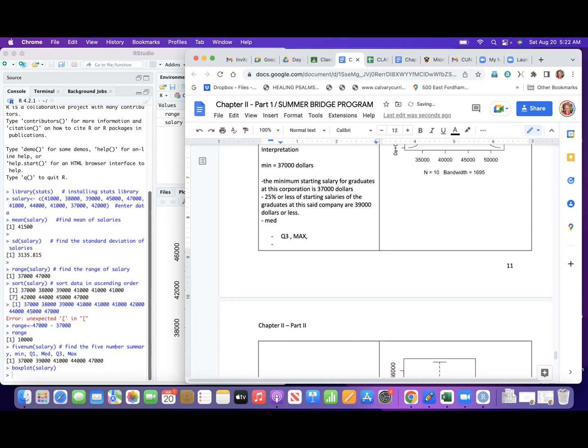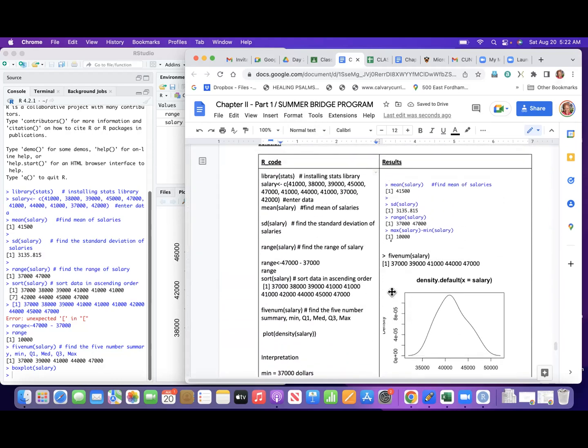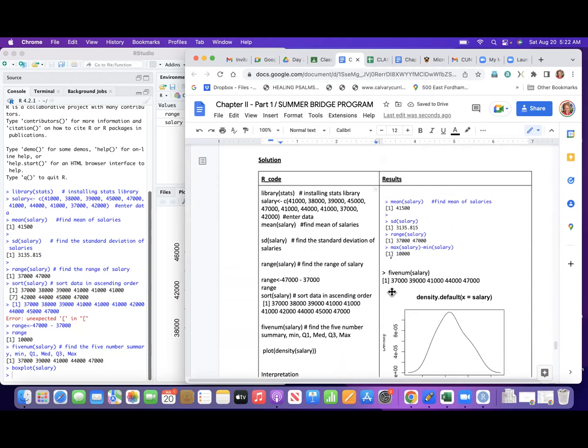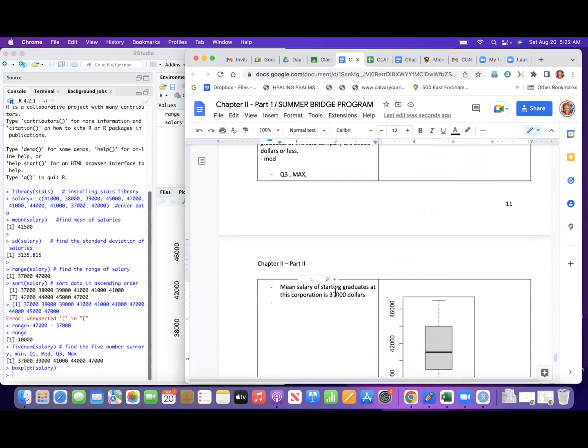Mean, we already know what the mean is. The mean salary of starting graduates at this corporation is whatever the mean was, you just copy and paste. The mean was 41,500.